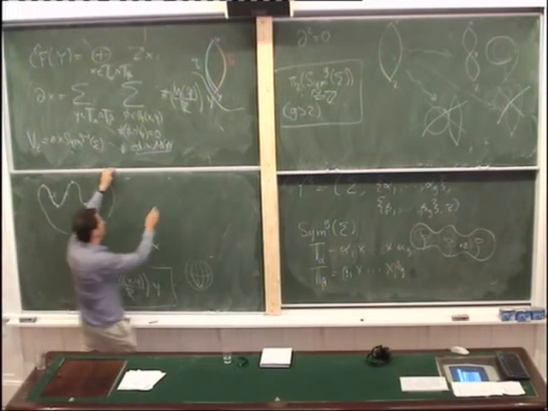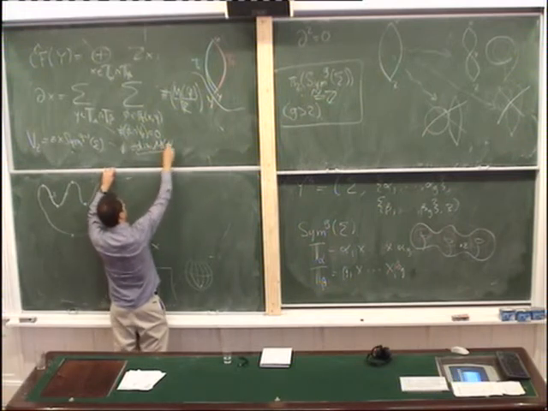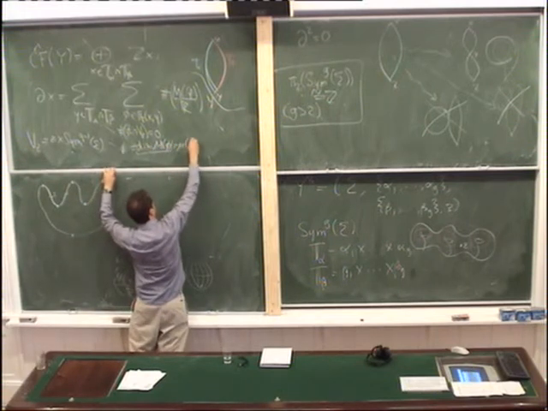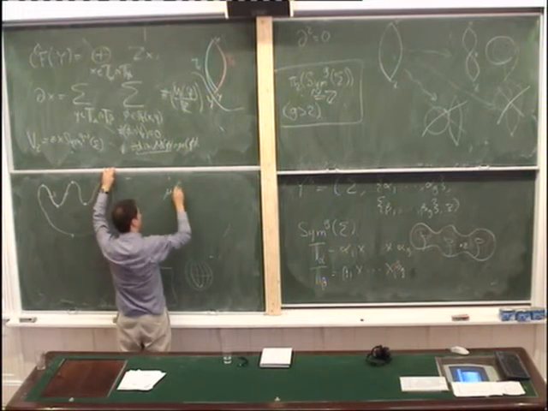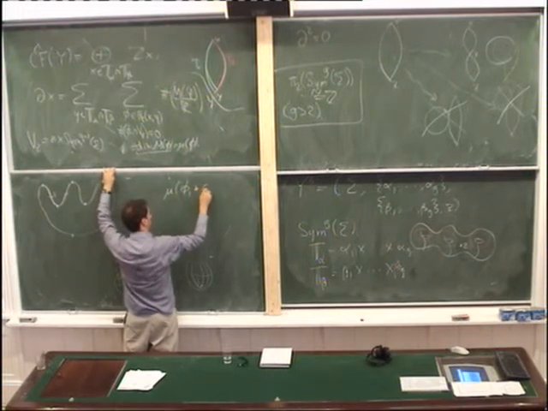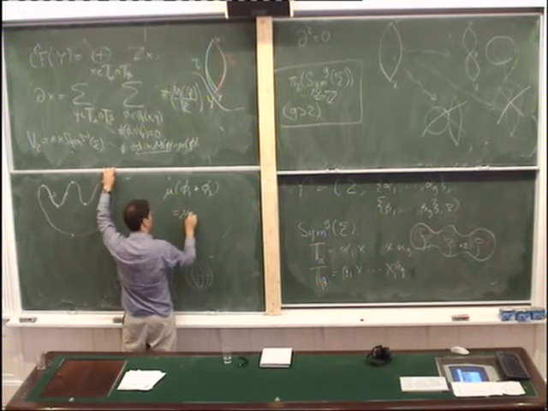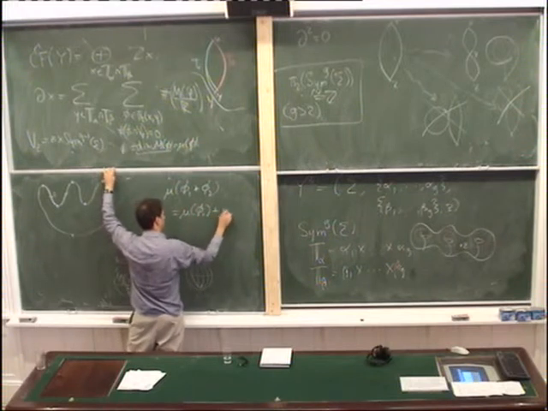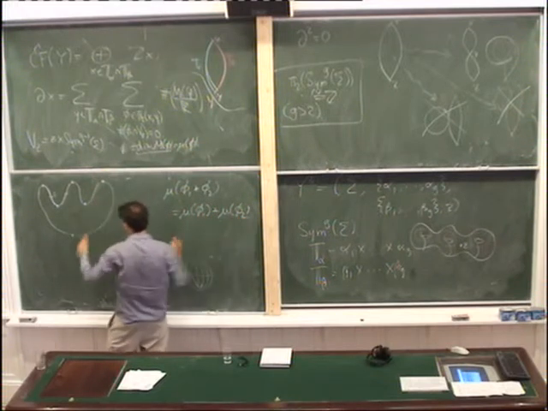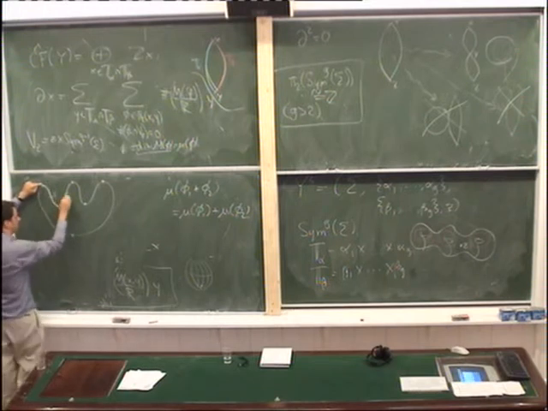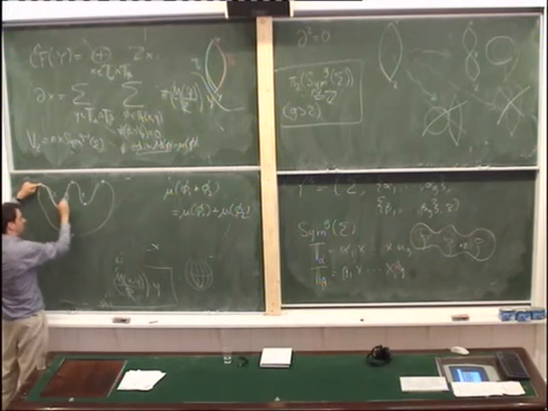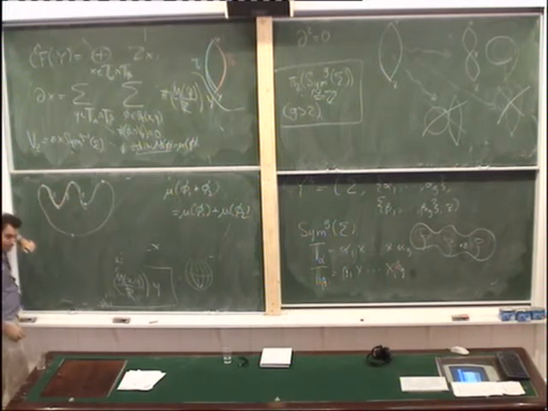So this dimension, let's call this mu of phi. Mu of phi is supposed to be additive if I stick two flow lines together. And therefore, since this is 1, this is 1, this is 1, this is 1 minus 1 plus 1. This would be 1 as well.